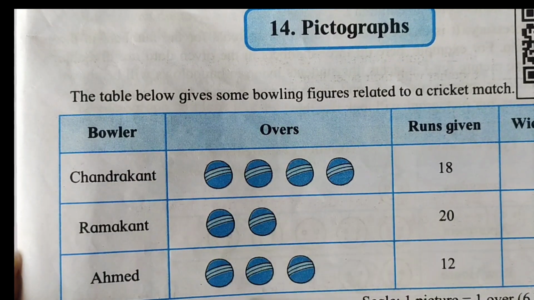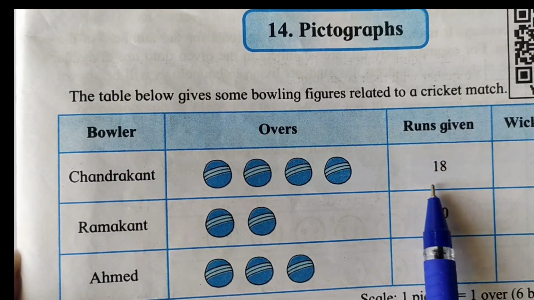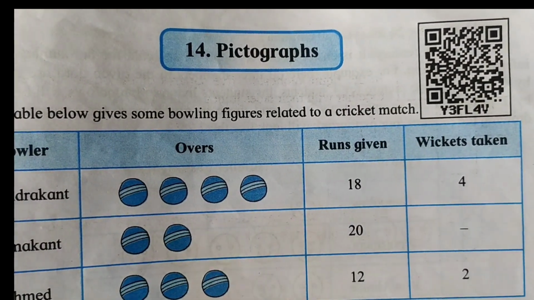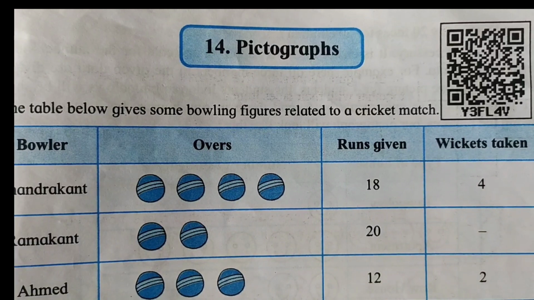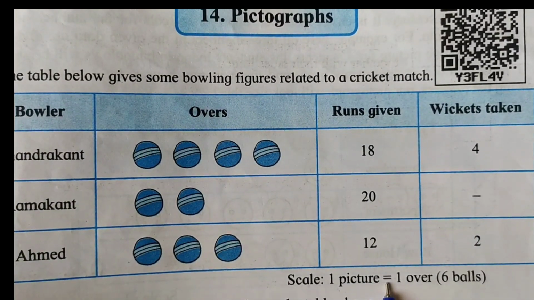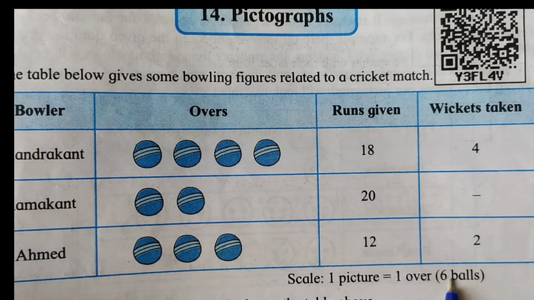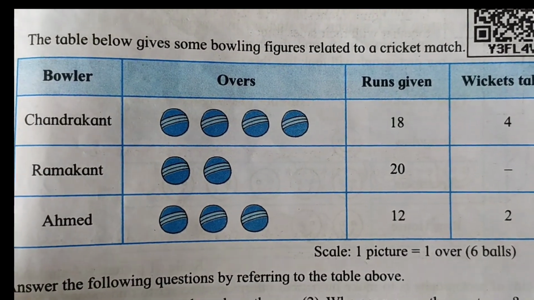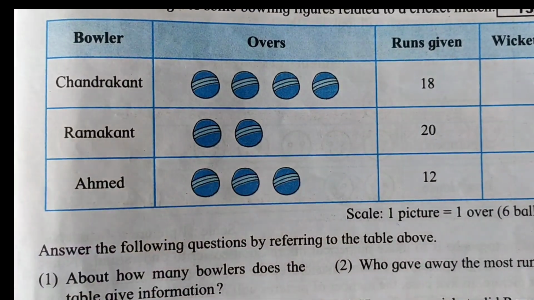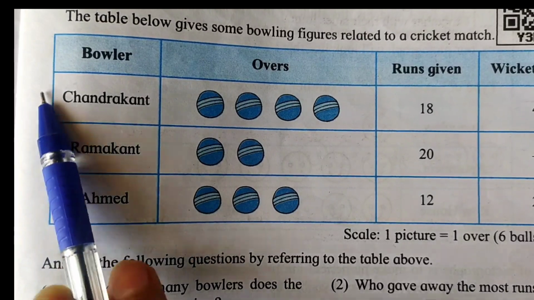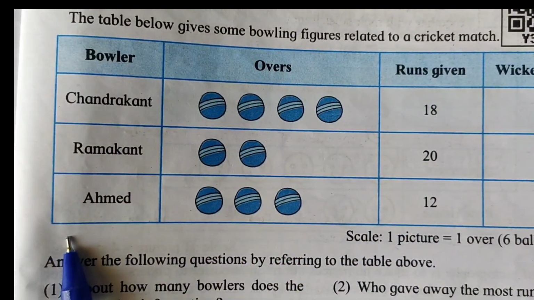The scale is one picture equals 1 over, meaning 6 balls. We have to answer the given questions by using this pictograph.